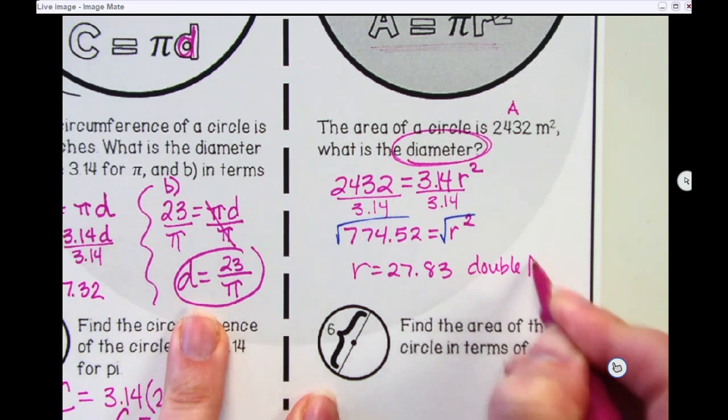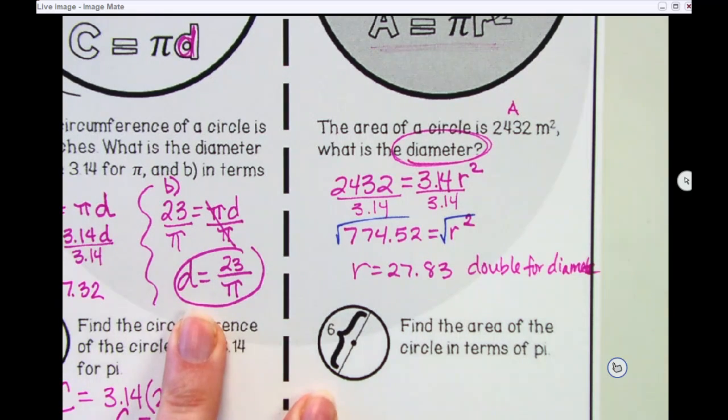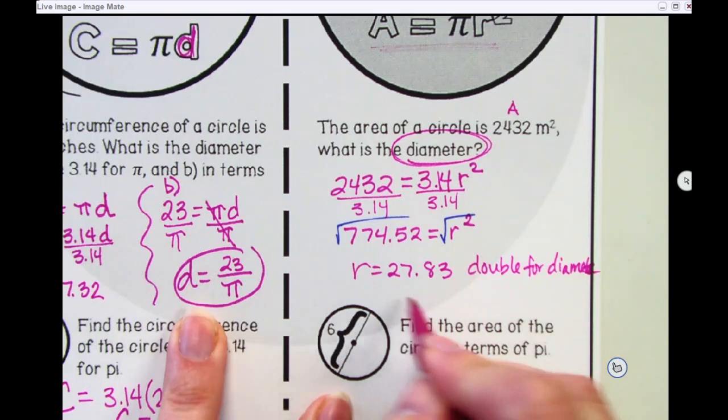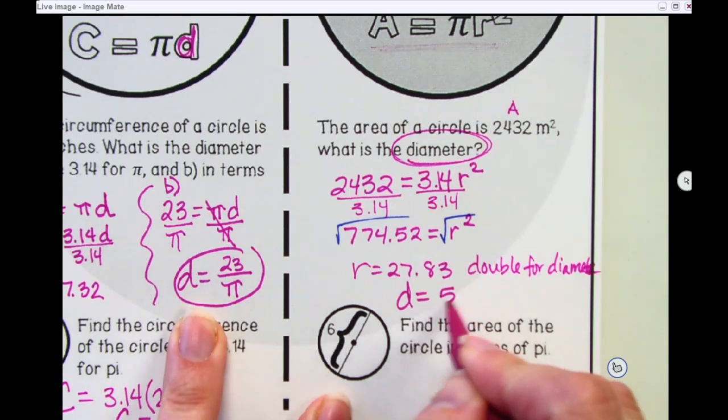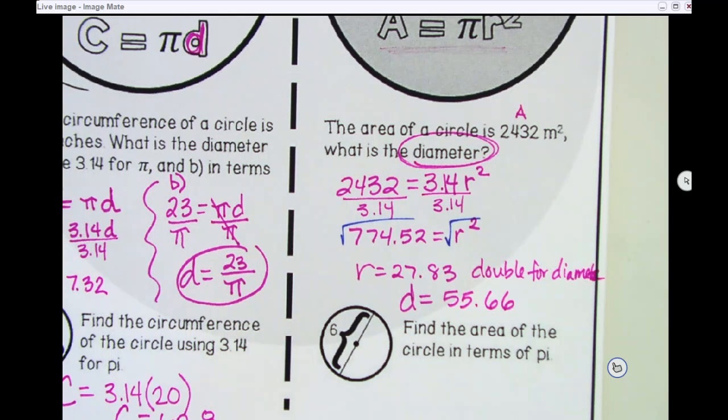Double for diameter. And our diameter is 55.66. Wait, so you do 27.83 times 2? Yep. Because our diameter is twice the radius.